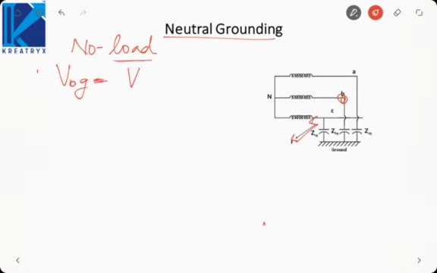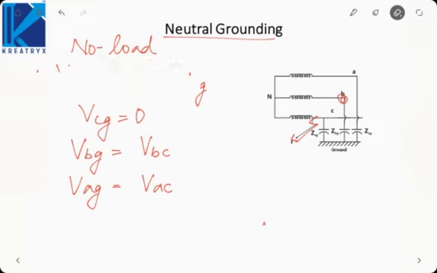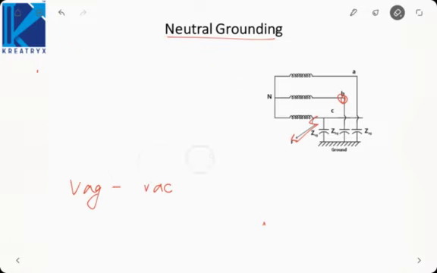VBG will actually be VBC plus VCG. Now since C phase is directly connected to ground, VCG is 0, C is grounded. So voltage of B phase with respect to ground is VBC. Similarly, voltage of A phase with respect to ground will be VAC. That is what we saw in the previous example also. The phase voltage will become equal to line voltage in case of a line to ground fault with isolated neutral. Okay, or the magnitude of phase voltage becomes root 3 times.